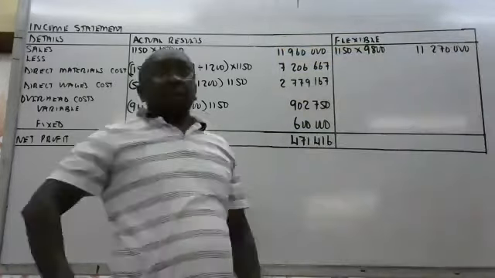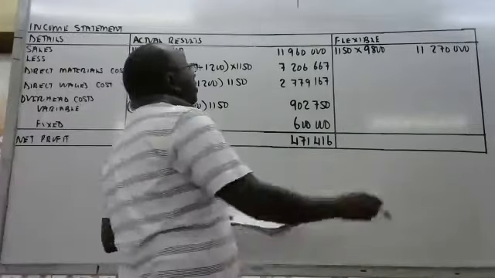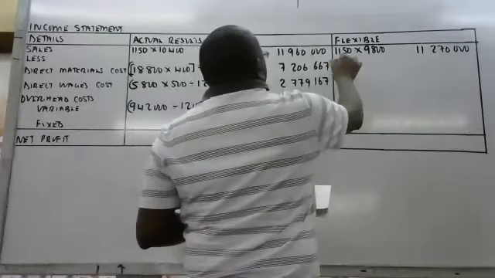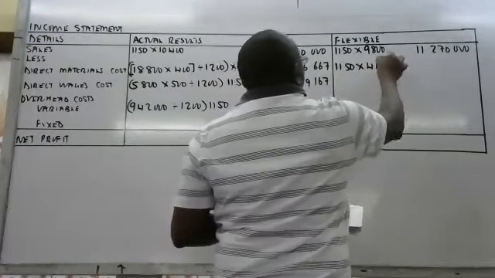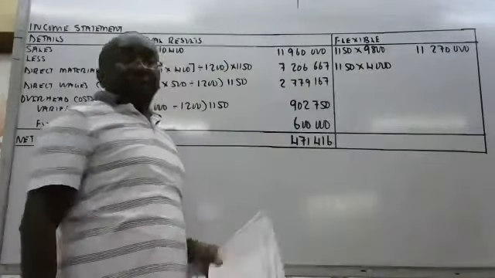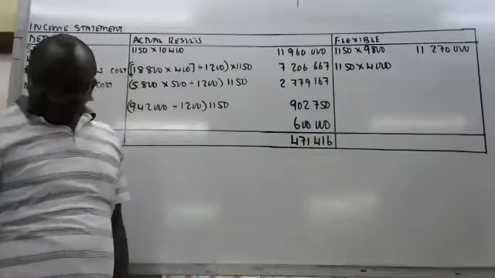The same thing we do with materials. Looking at materials above, it is 4,000. So give me 1150 times 4,000.